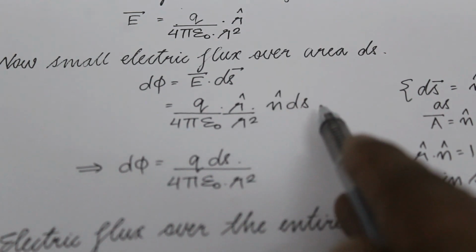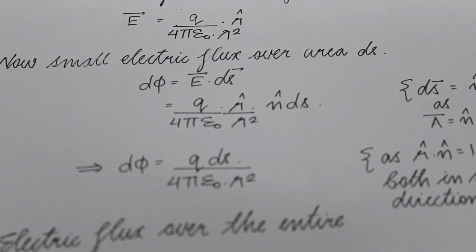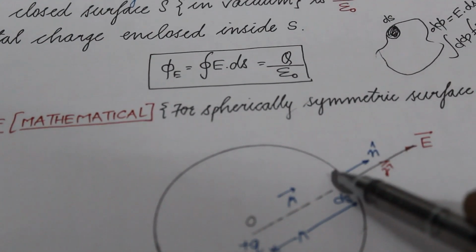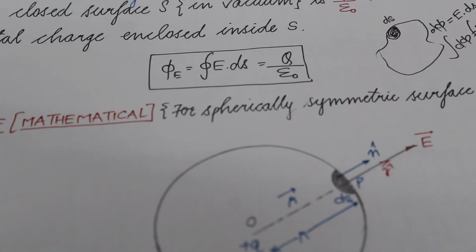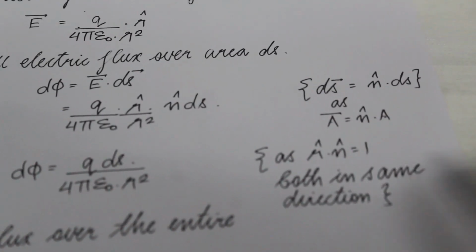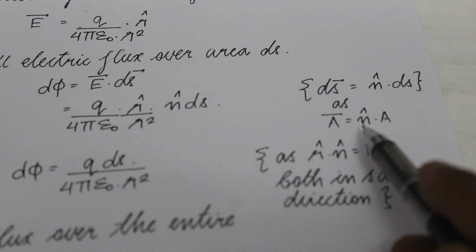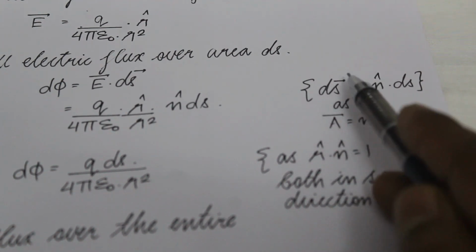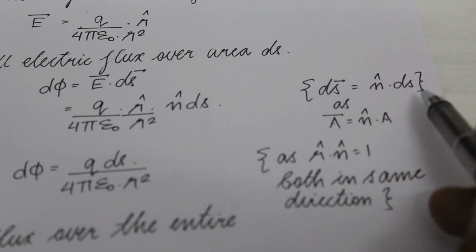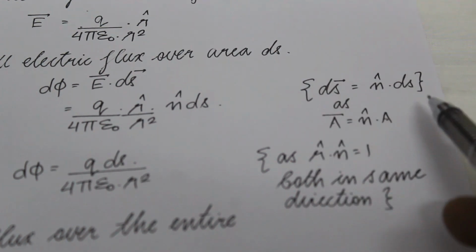As I have told you, the n cap indicates the direction of area vector. We have discussed in the diagram that this gives the area vector, and area vector, as we know, is given by n cap into a. So ds vector will be equal to n cap into ds. This I have discussed in an earlier lecture.